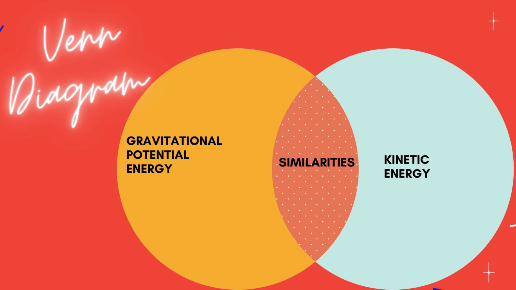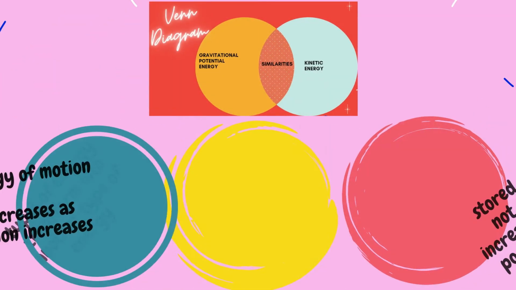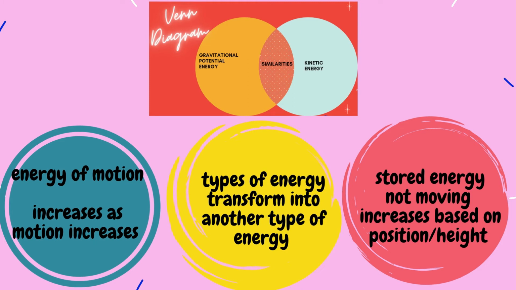Knowing the answers from your activity 1, let us complete the Venn diagram that shows the differences and similarities of gravitational potential energy and kinetic energy. Choose from the three circles which belongs to gravitational potential energy, their similarities, and the description of kinetic energy.